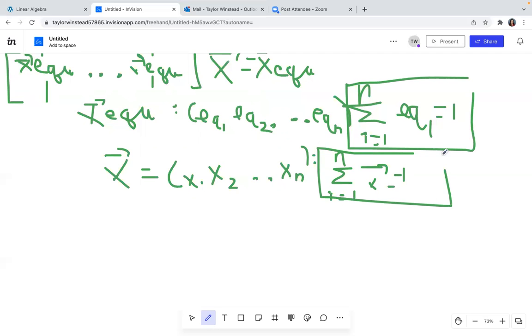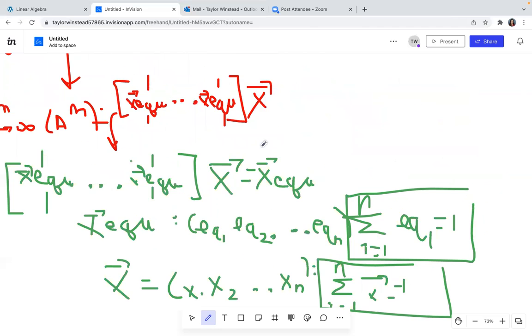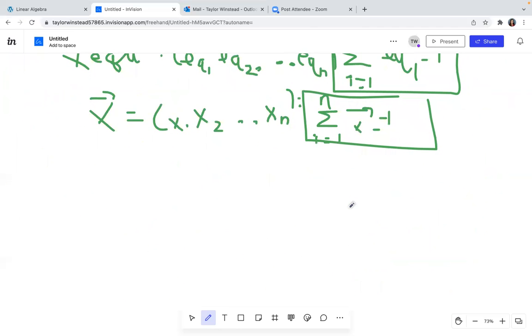We've got these two sigma sums, so we can rewrite this first part knowing that. We've got EQ1, EQ2, all the way up to EQn.